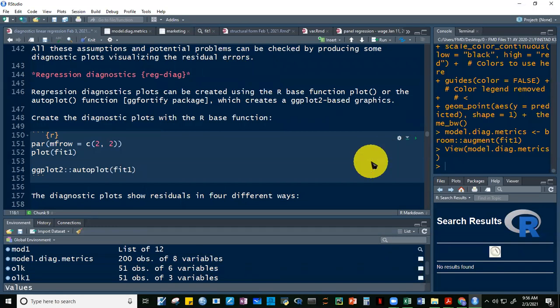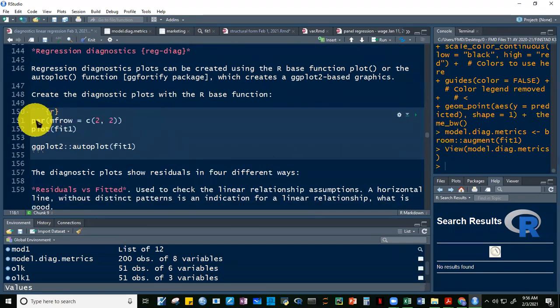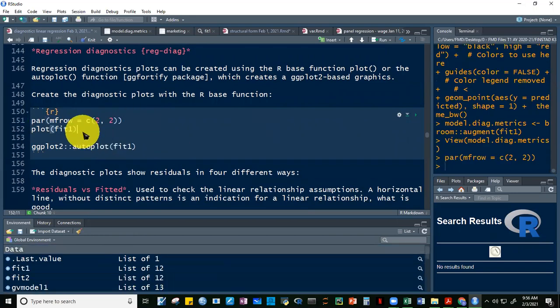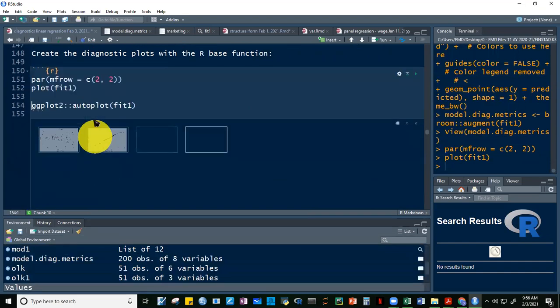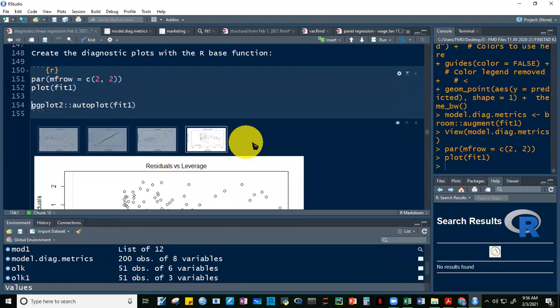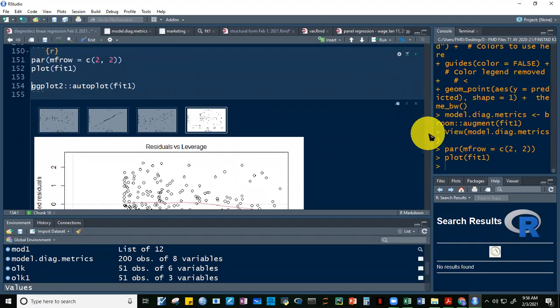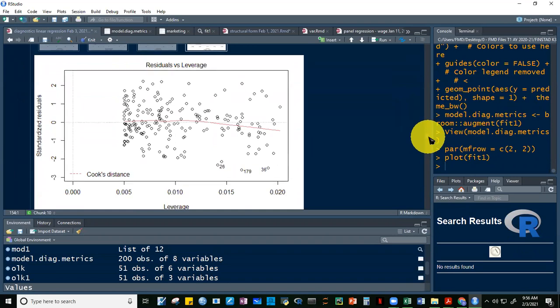Una, mag-plot muna tayo. So yung part na 'to, partition, number of rows natin, 2 rows by 2 columns. Okay, so let's see what happens here. Run natin. And then plot natin si fit1. Actually 5 yan guys, 5 yung charts natin dito. So una, you have the leverage residual, pang-apat na yan.